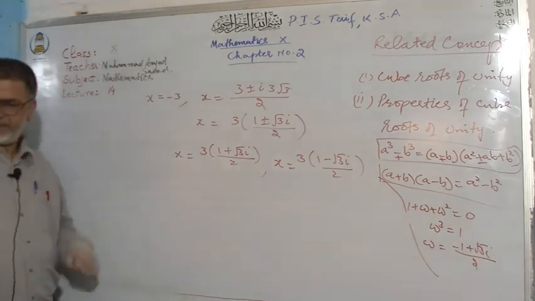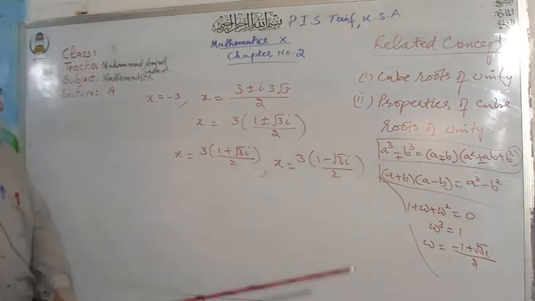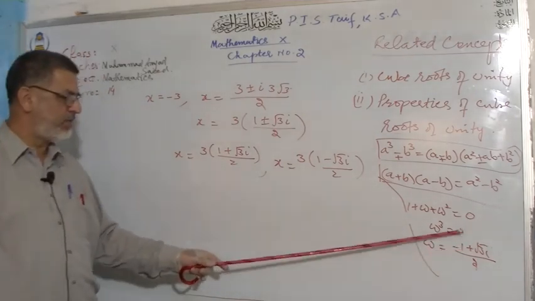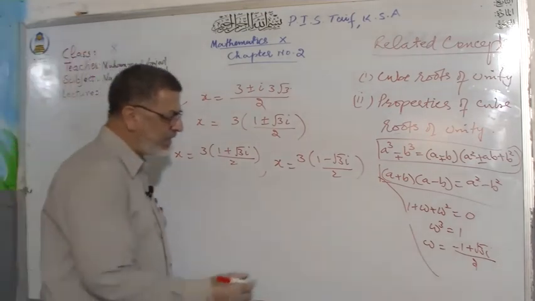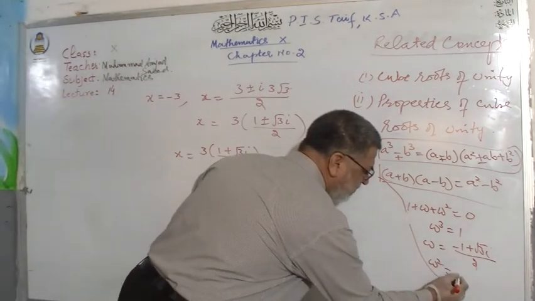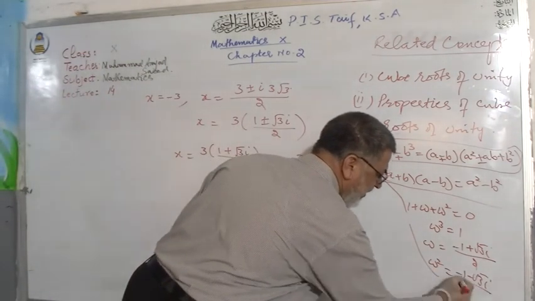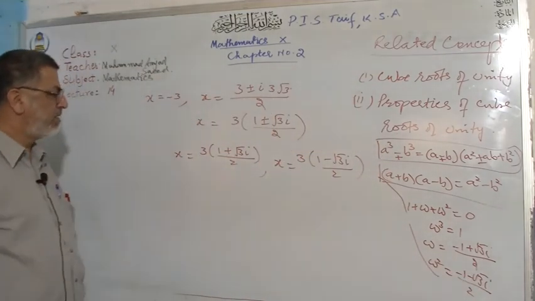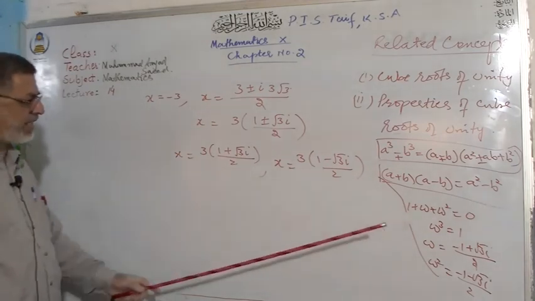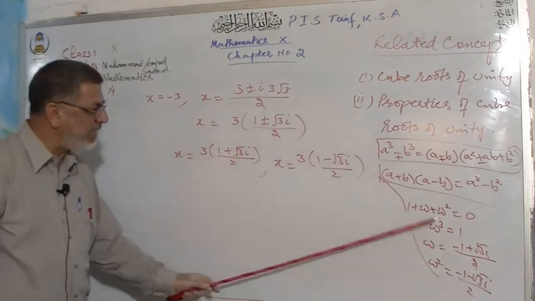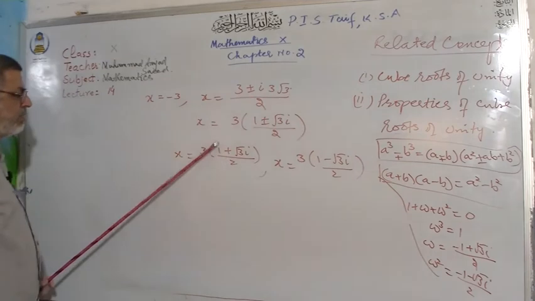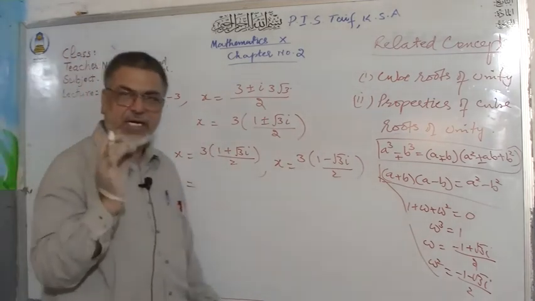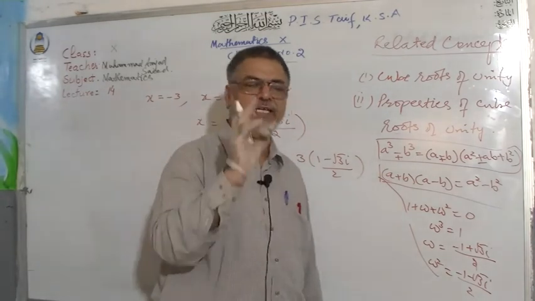Dear students, the proper value of omega is minus 1 plus under root 3 iota over 2, and if you write it with a negative sign, that will be omega square. But here we do not have a negative sign with 1. So we will multiply outside and inside with a negative sign.